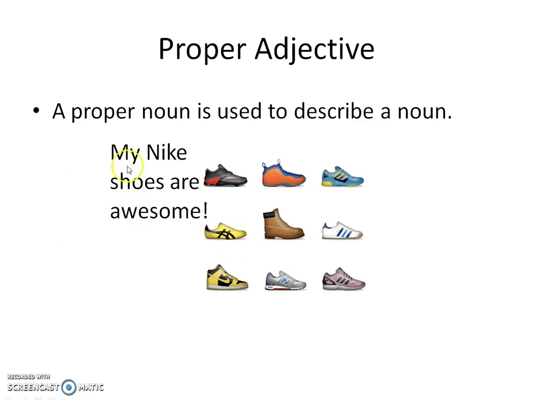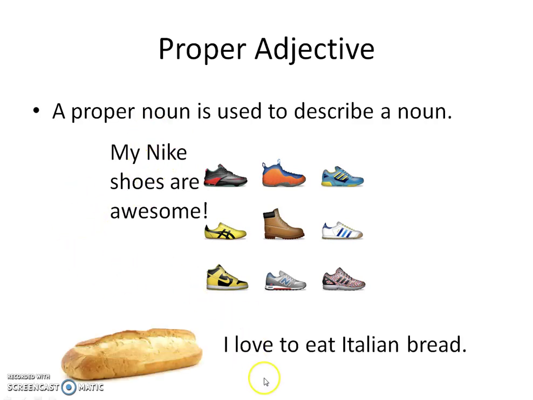But if I use it to describe, my Nike shoes are awesome. Now this proper noun is being used as an adjective because it's telling me which shoes? The Nike ones. Another example, I love to eat Italian bread. What kind of bread? Which bread? Italian. Those are proper adjectives when a proper noun is used to describe a noun.